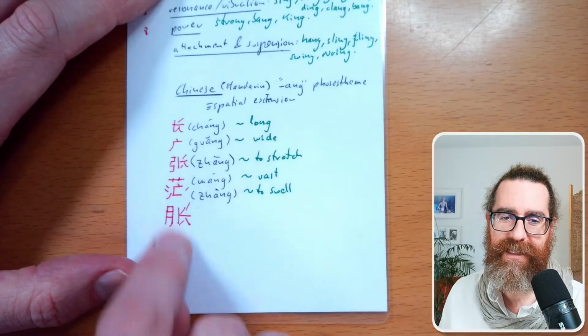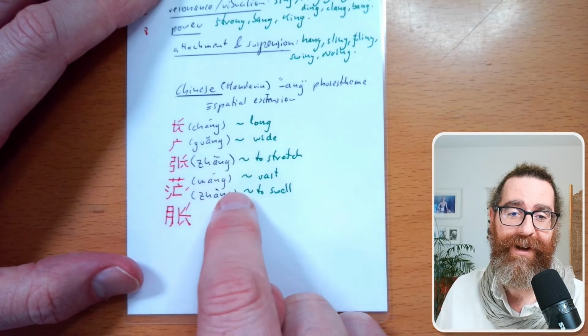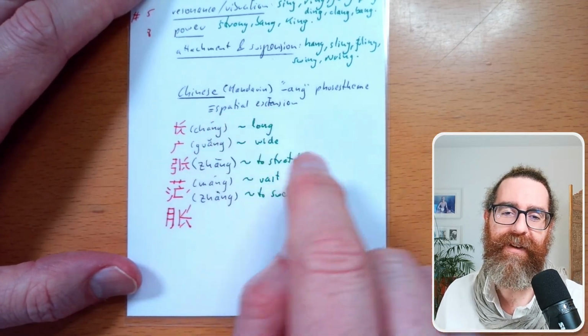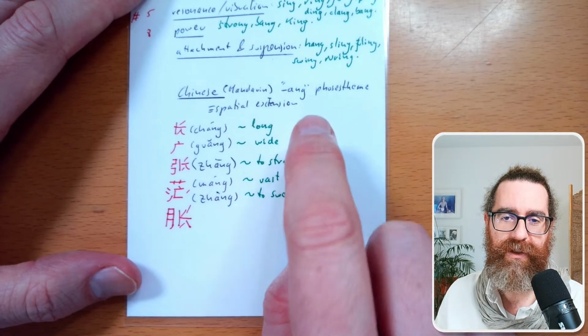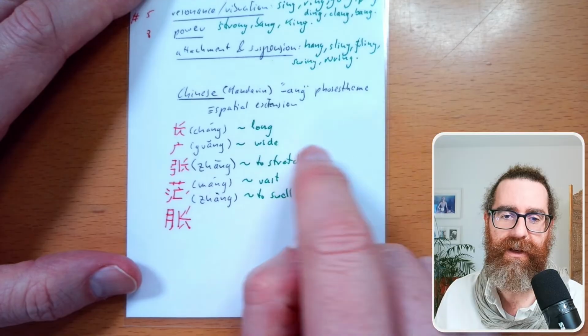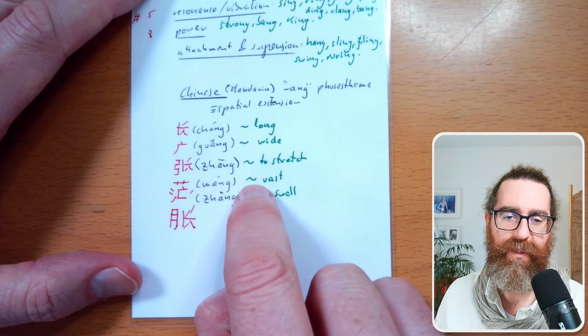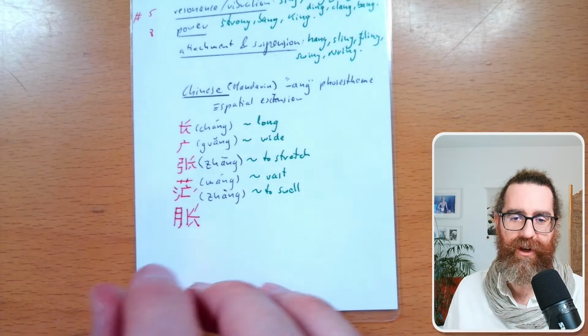When you have these Chinese words, Chang, Wang, Zhang, Wang, Shang, I don't know how to pronounce, but they convey some sort of extension, but in the spatial realm, not so much on the sound, like hanging on the sound, but it can be long, it can be wide, it can be to stretch, something vast and to swell. So some sort of extension on the spatial realm. And I just found it interesting.